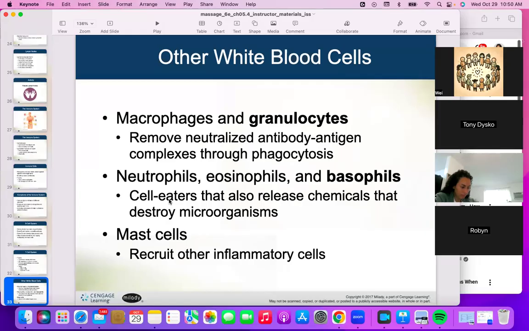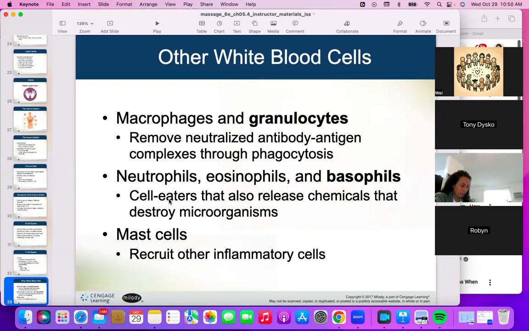Now, macrophages are a type of phagocyte, white cells that migrate from the blood back into the tissue. Also remember, macrophages get rid of worn out debris and dead cells, which the lymph node filters out.